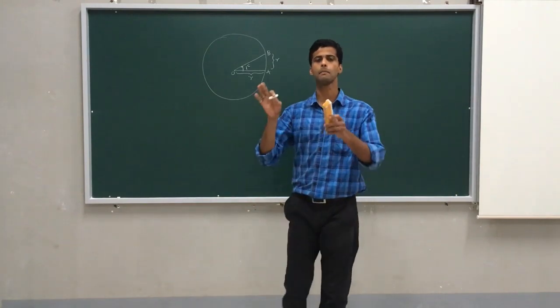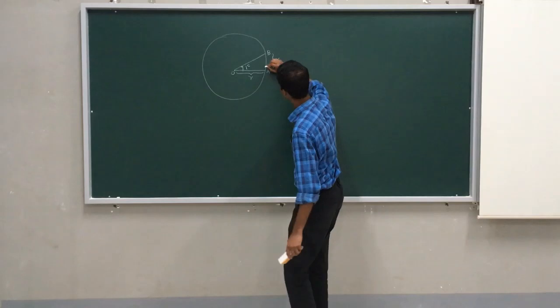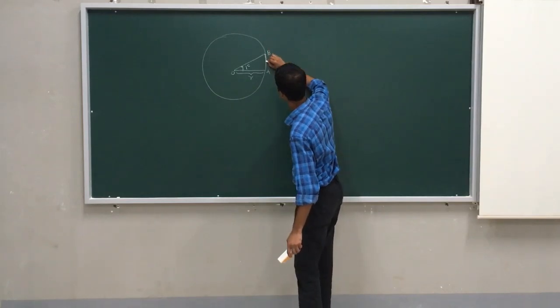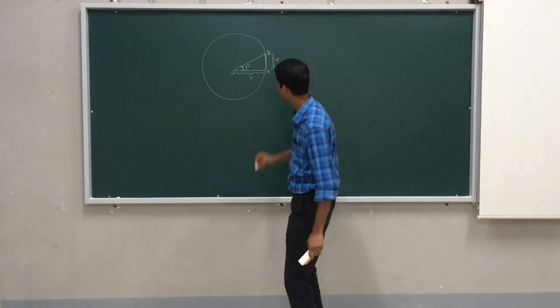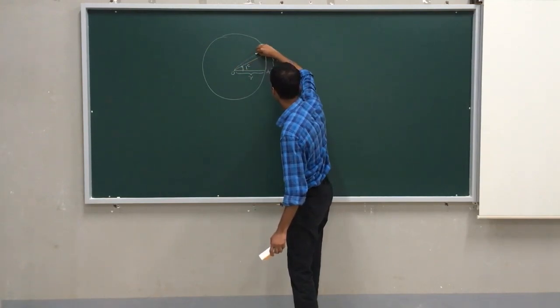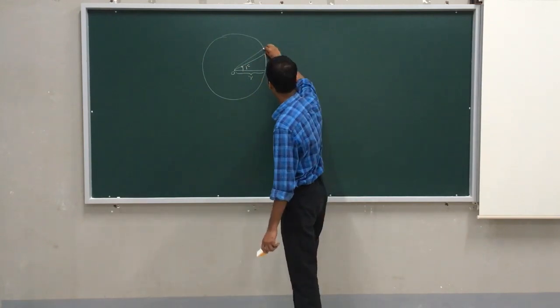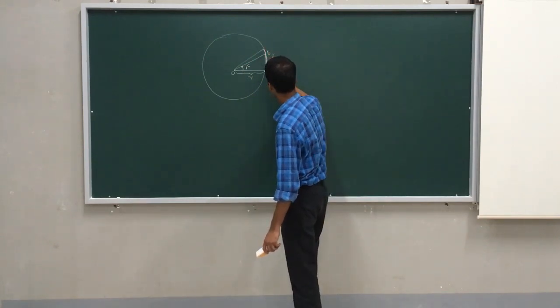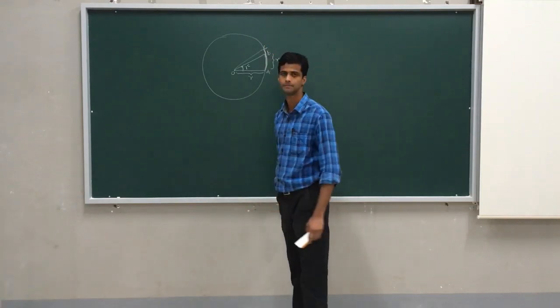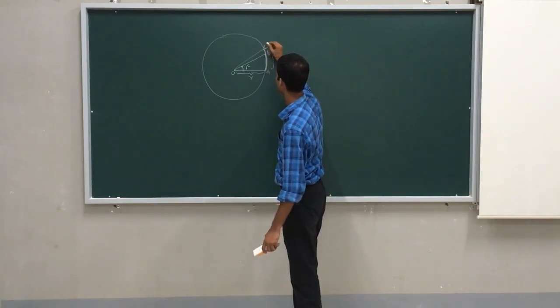Now, curiosity will develop. If this part is 1 radian, and I draw one more line like this, I get one more new arc. Let me call the new point C. This is my ordinary construction. Now I have taken AC.